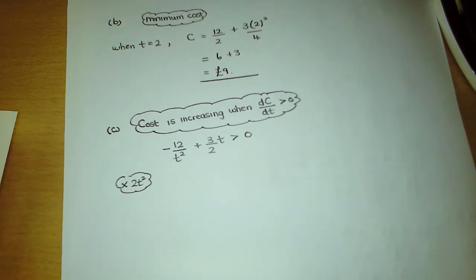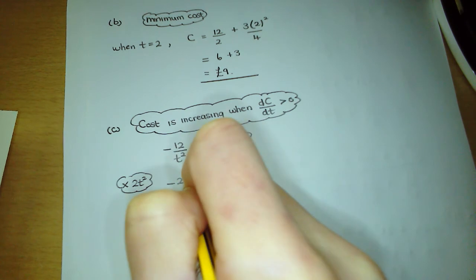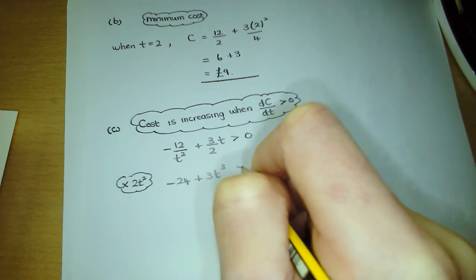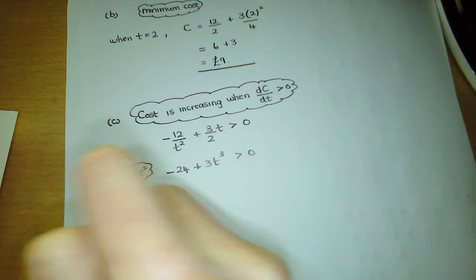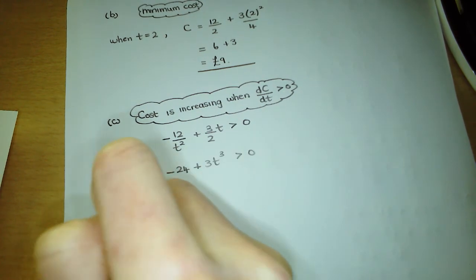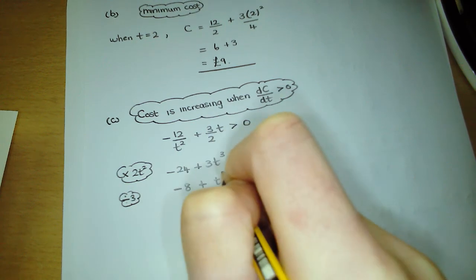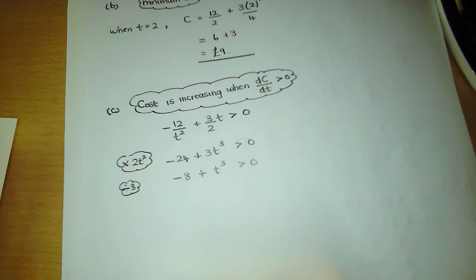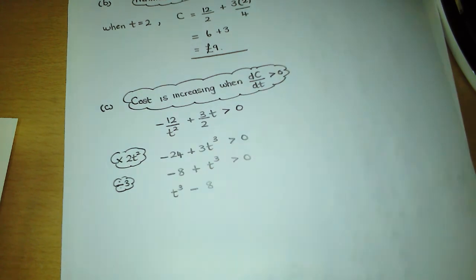So what we're going to get then again is minus 24 plus 3t cubed, and that's greater than 0. We're then going to divide by 3. So again, we're going to get minus 8 plus t cubed is greater than 0. In other words, t cubed minus 8 is bigger than 0.